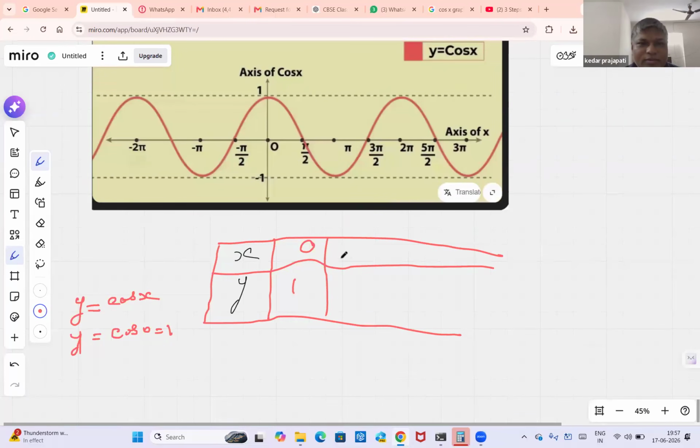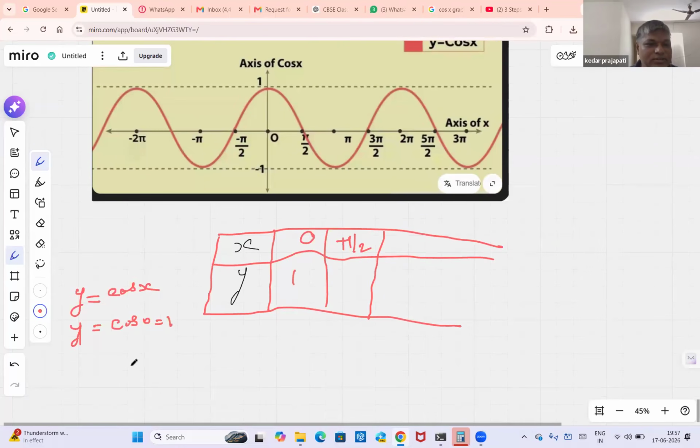Now let's take some other value, pi by 2.